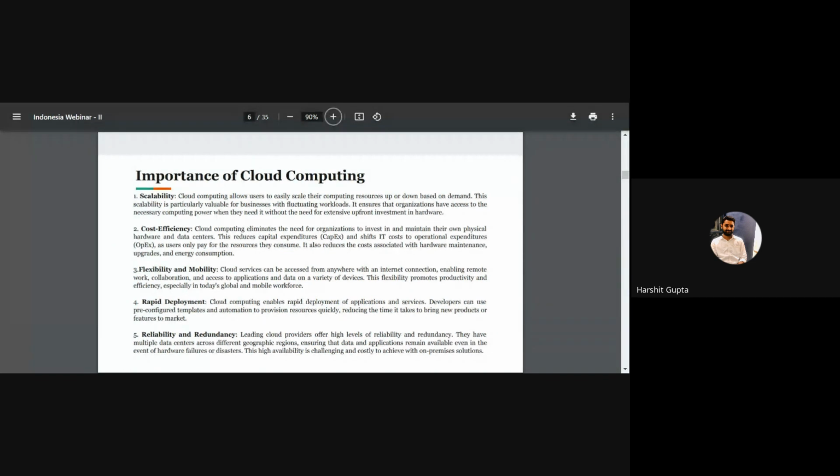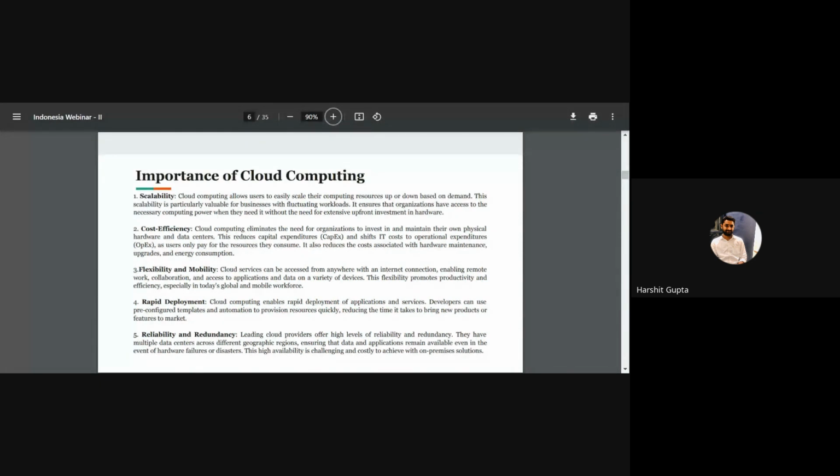Suppose that we are using a hard disk of 1 terabyte, but we have a requirement of only 100 MB. If we are using the 1 TB hard disk just to store 100 MB of data, then it will not be very beneficial. So cloud computing provides a solution to this issue: you only pay for how much you use.